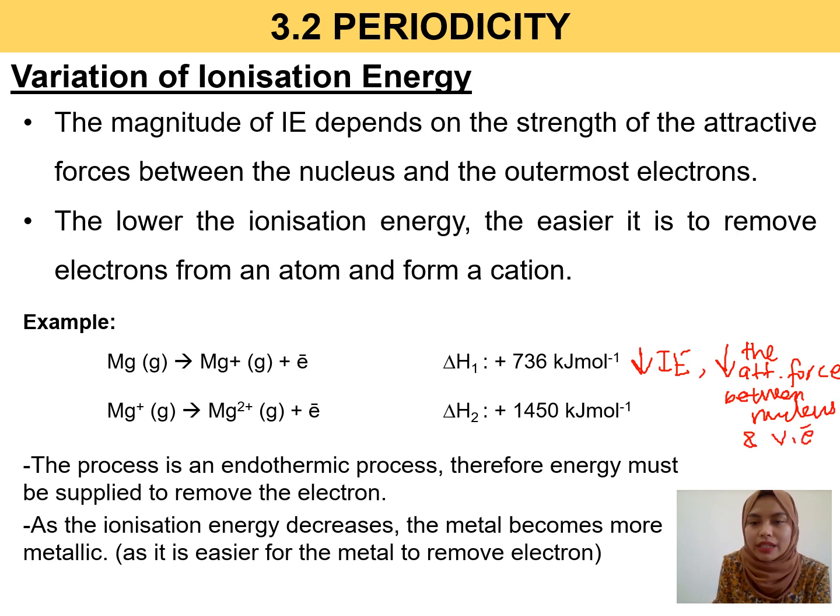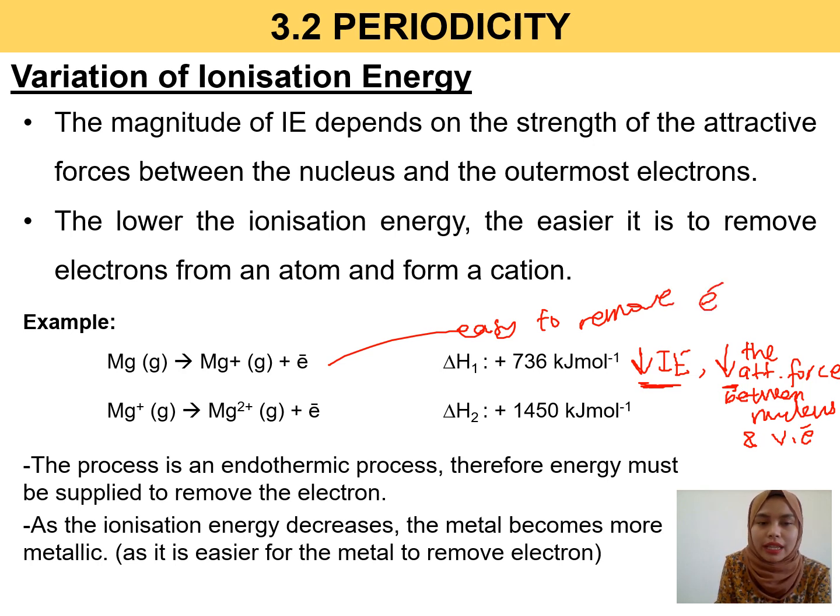So when the attractive force between nucleus and valence electron is weak, is it easy or difficult to remove the electron? Of course it is easy to remove the electron. So when ionization energy is low, attractive forces between nucleus and valence electron are also low, therefore easy to remove electron from the atom. So this Mg, it is easy to remove an electron to form a cation.